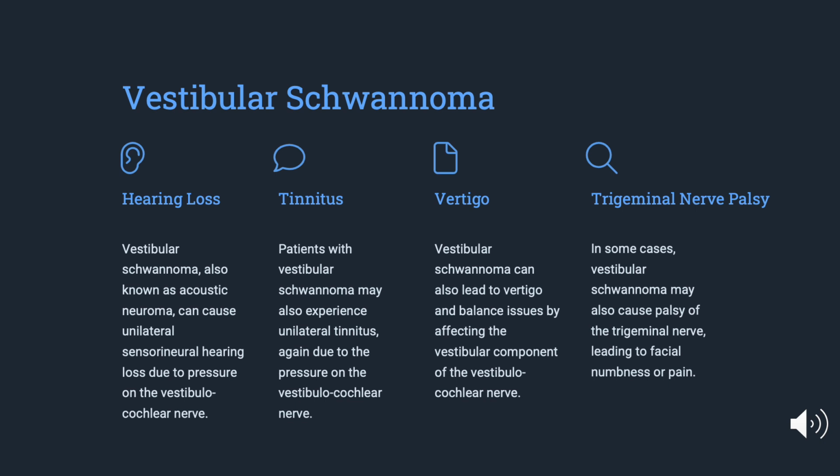Patients may experience unilateral tinnitus, likely stemming from the same nerve compression. 3. Vertigo. Vestibular schwannoma can induce vertigo and balance issues by impacting the vestibular component of the vestibulocochlear nerve. 4. Trigeminal nerve palsy. In some instances, the tumor may lead to trigeminal nerve palsy, manifesting as facial numbness or pain.